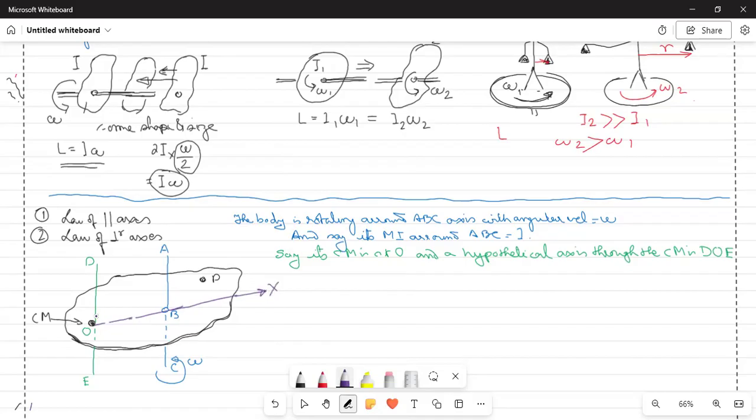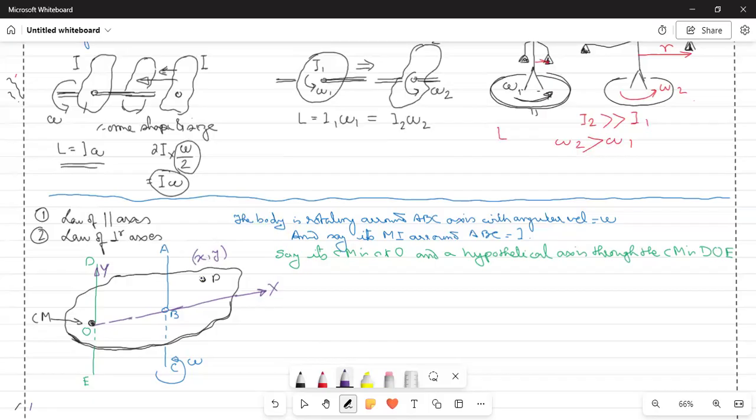And the vertical line through O, that means the perpendicular line through the center of mass, we take it as the y-axis. And then let us say the coordinate of P is xy, right?